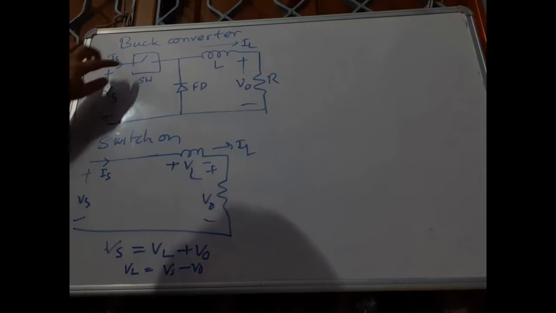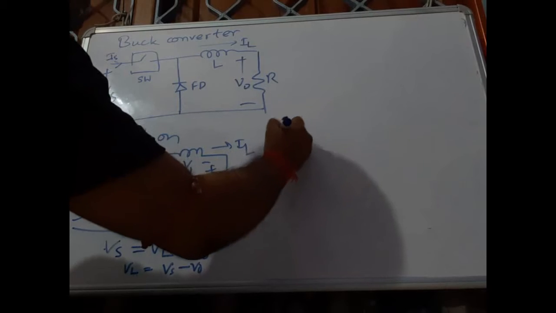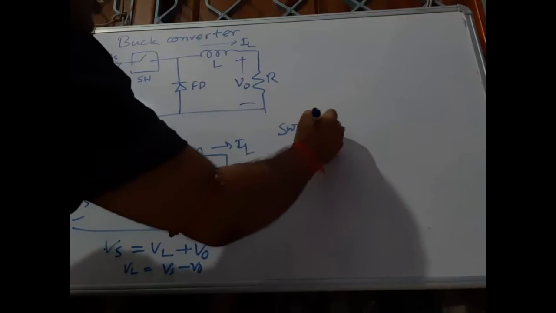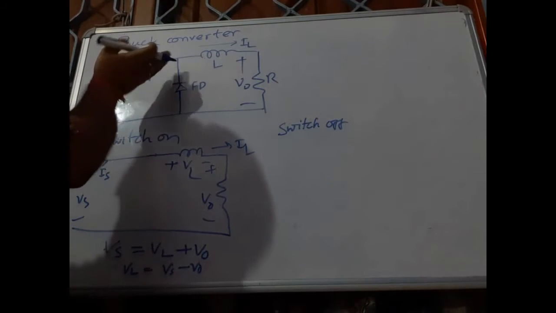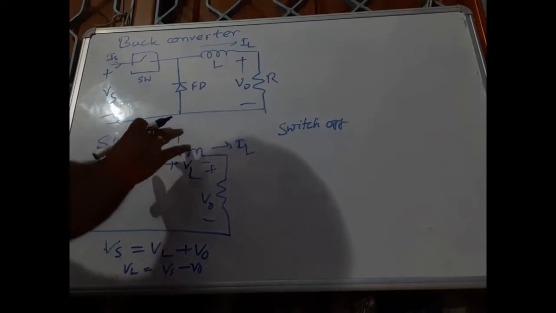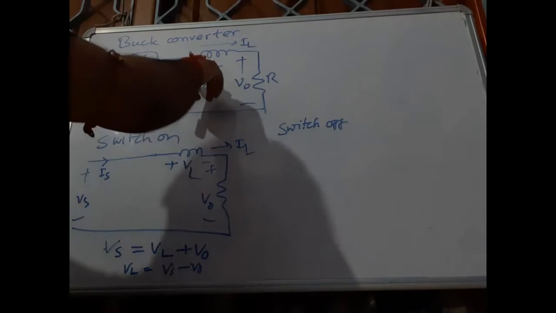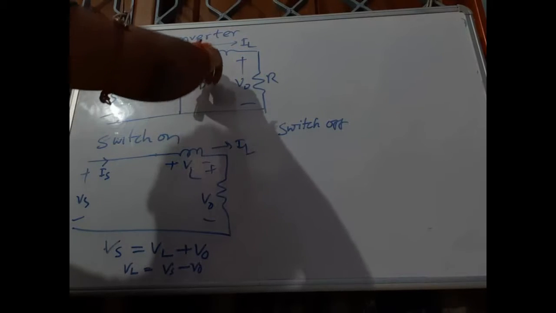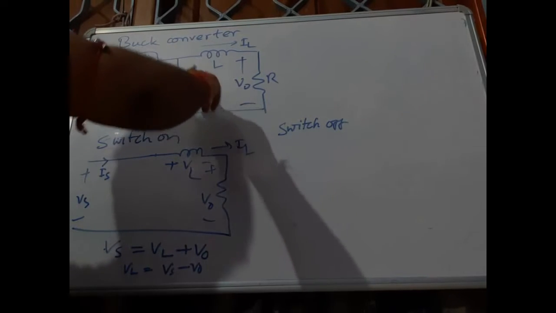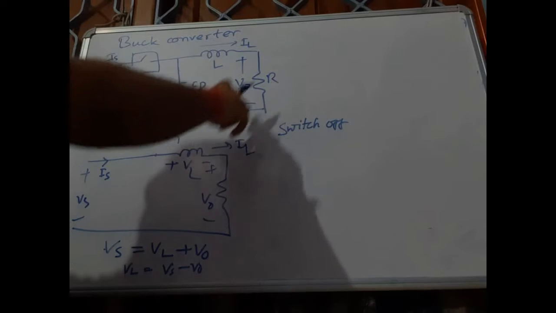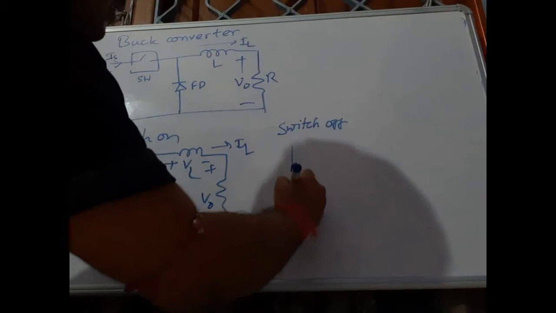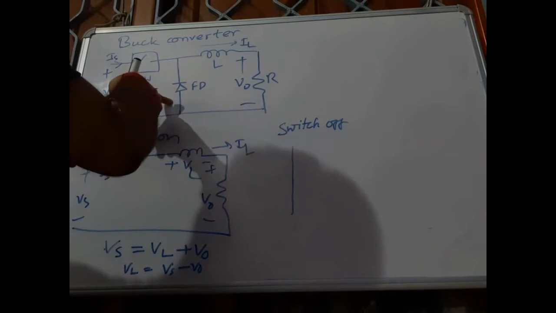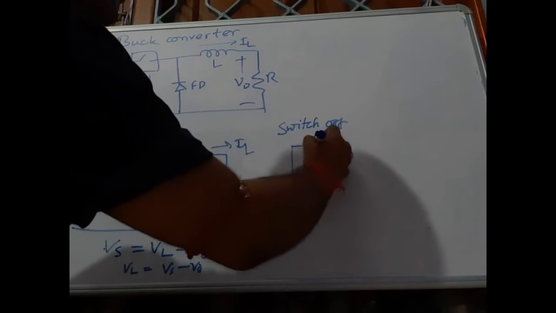And for switch off condition, here the switch is open, then the energy stored in the inductor will flow through the free wheel diode. Then we have this free wheel diode is now short circuited.